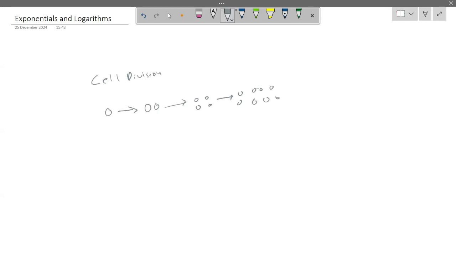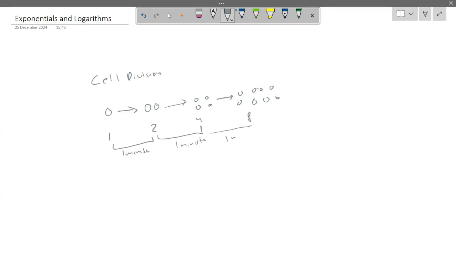So let's just say you initially have one cell. After 1 minute, you have 2 cells, and after 1 minute has passed again, those 2 cells would have reproduced to get us 4 cells, and this continues until a certain amount of time. So now you have 8 cells.